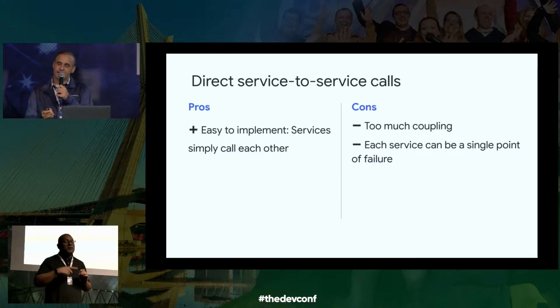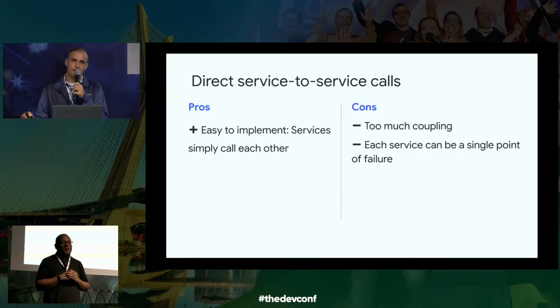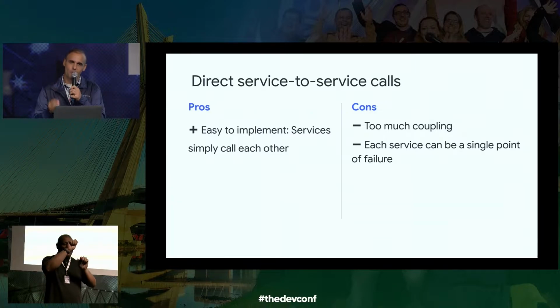Secondly, each service can be a single point of failure. Let's say the service in the middle doesn't work, then that breaks the whole chain, right? All of the services have to work together, and they have to work all the time for things to work. And that's not a good place to be, right?